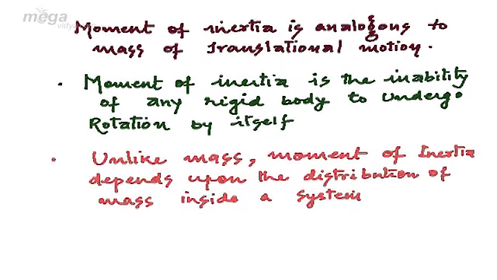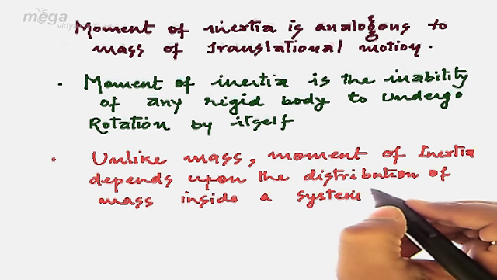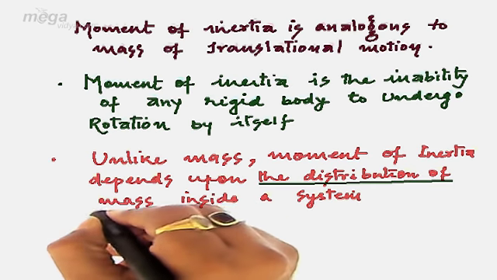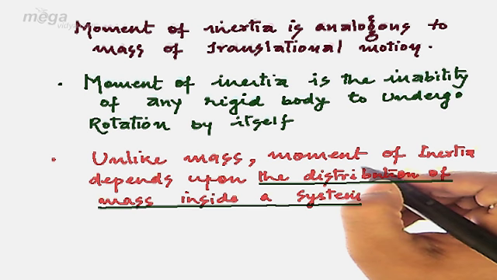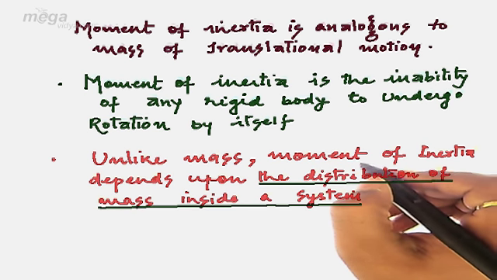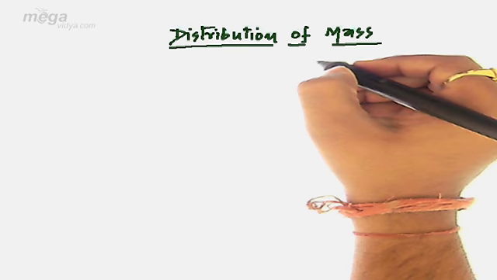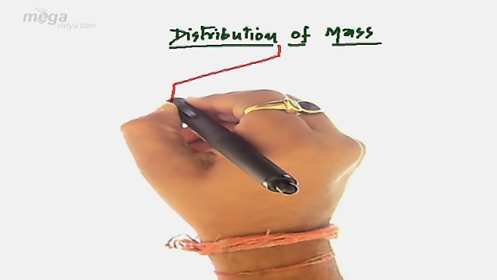But unlike mass, the moment of inertia depends upon the distribution of mass inside any system. So firstly, we have to understand how the mass is distributed inside any system. Basically, the distribution of mass inside any system can be done in two ways.